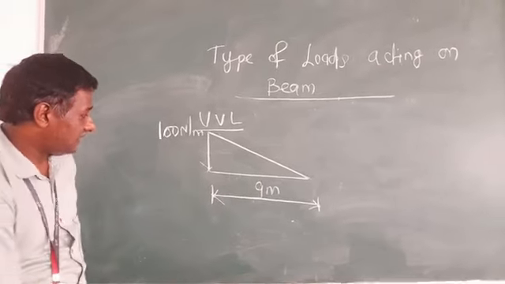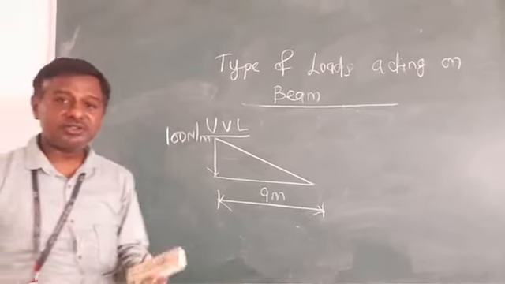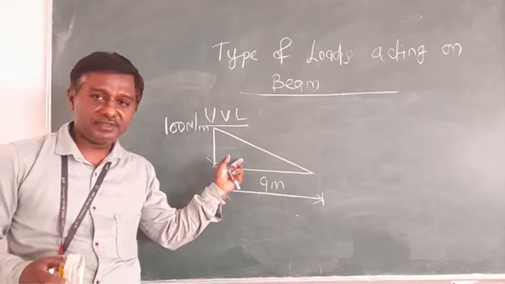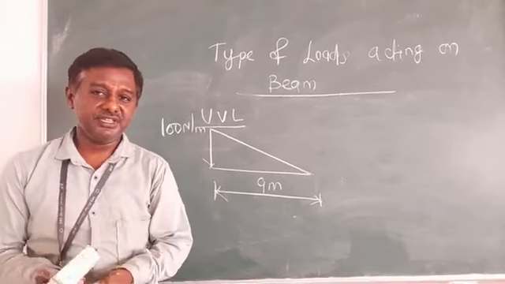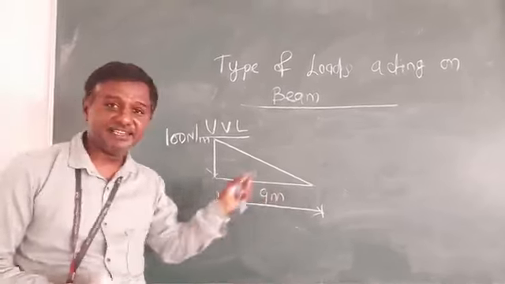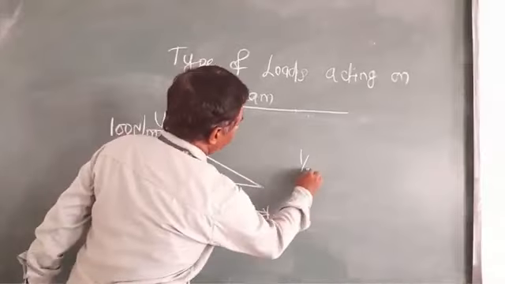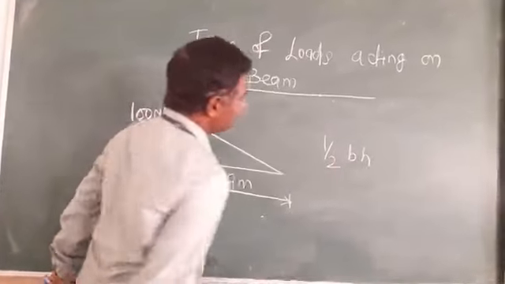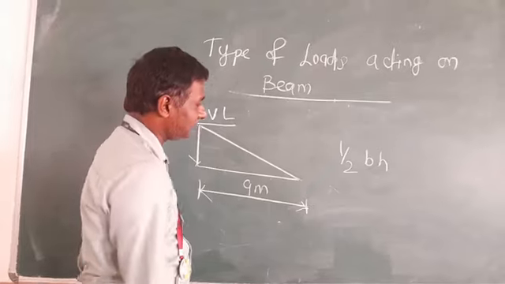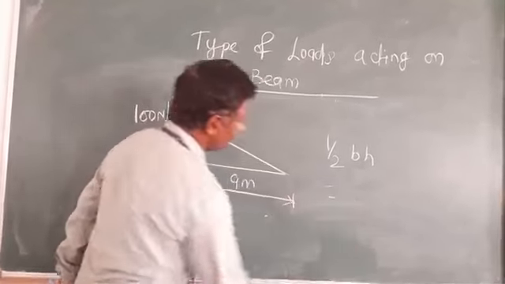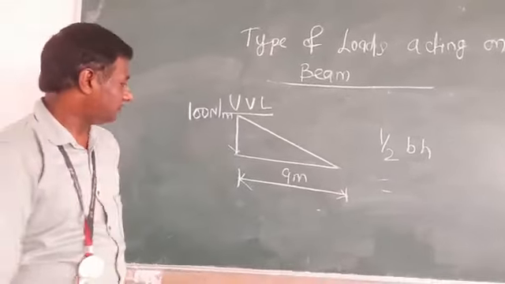I already told that the total load is found by finding the area of the geometry. Now the geometry is a right angle triangle. So half into BH is the area for a right angle triangle. Finding this area, you can get the total load.